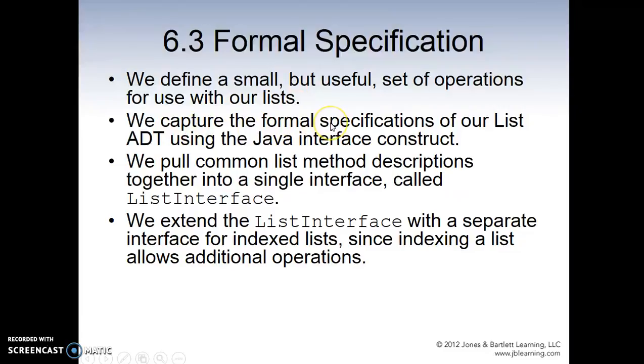We capture the formal specification of our List ADT using the Java interface construct. We pull common list method descriptions together into a single interface called List interface. So we can use interface, right, to construct the operations. We extend the list interface with a separate interface for indexed lists, since indexing a list allows additional operations.